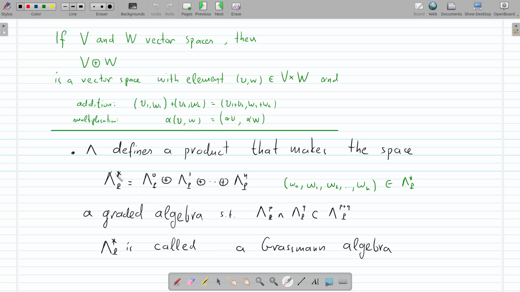So this lambda star algebra here consists of tuples of forms, the first one being a 0 form, 1 form, up to an n form. So this is closed under the operation of the wedge product, and it forms a nice structure.